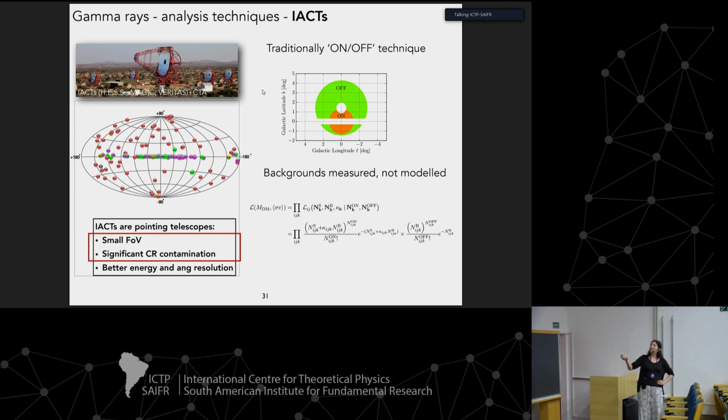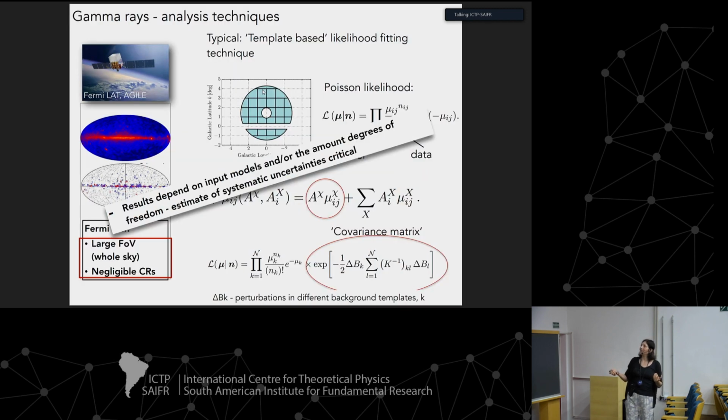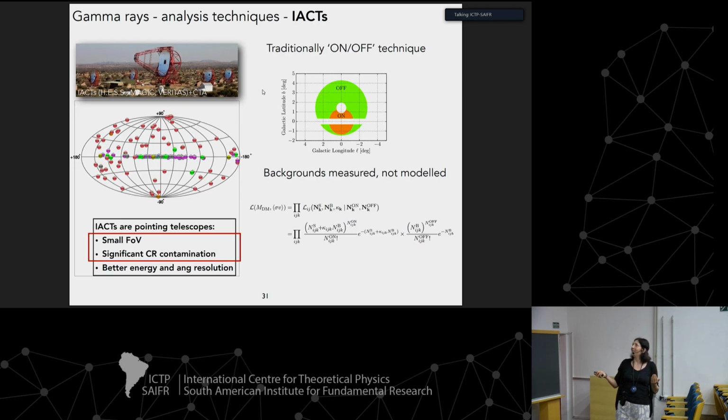In a sense, this is the best you can do in principle. If the idea is let's not rely on the models, because, as I was saying, the problem is if your models are not good enough, you have to quantify how bad they are. Here they're saying, let's not play this game. Let's just measure the background directly. In that case, I don't have these uncertainties in theory.